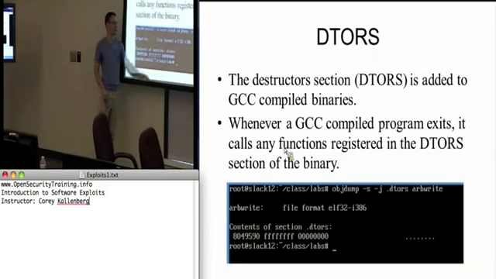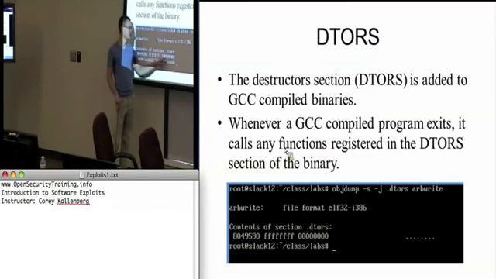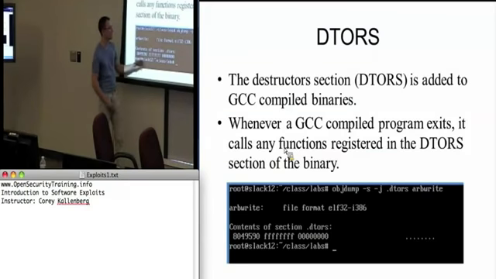The first entry is FFFFFFFF, and that just means this is the start of the list, just like sanity checking values. And then the first entry in the list is 00000000, which means the end of the list. So right now, the list is empty. And in fact, if you do this command on most Linux binaries, you'll see this is empty because no one really uses this feature, except hackers and virus developers.